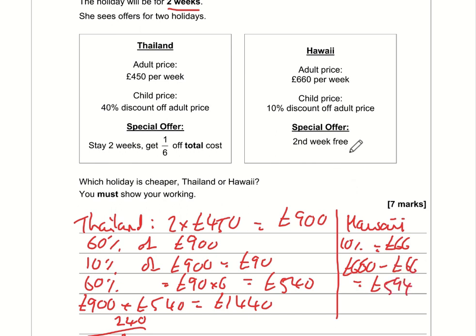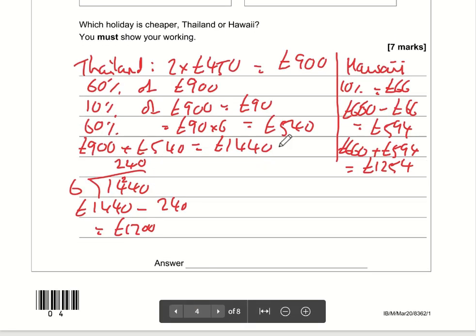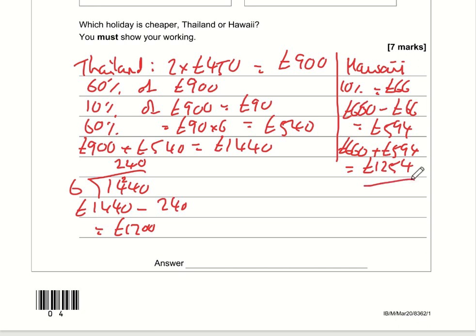And the second week is free, so we only need to work out 1 week's worth. So that is going to be 660, the full price for the adult, plus 594 for the child, and that comes to 1,254. So we're comparing 1,254 to 1,200. 1,200 is less than 1,254, so the answer is therefore Thailand.